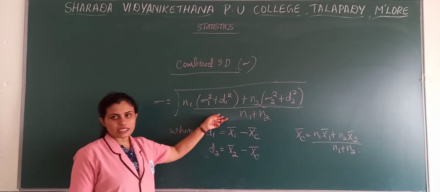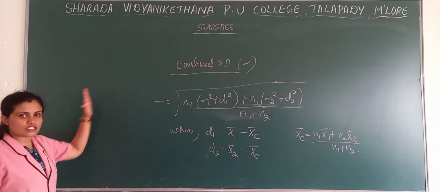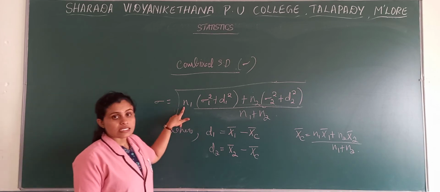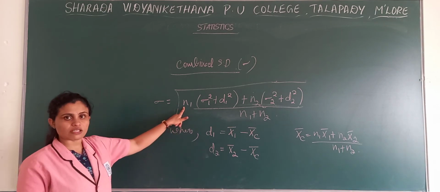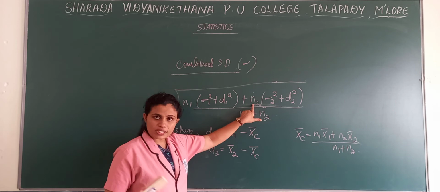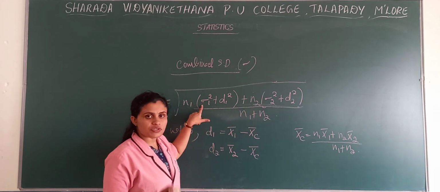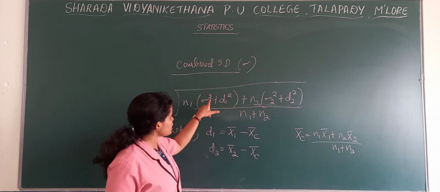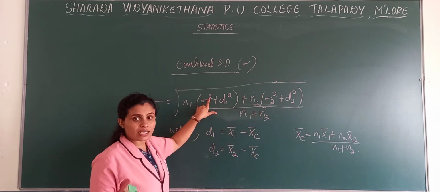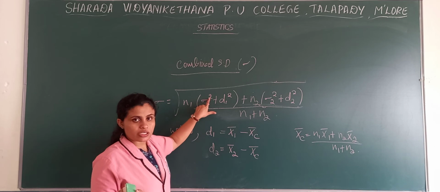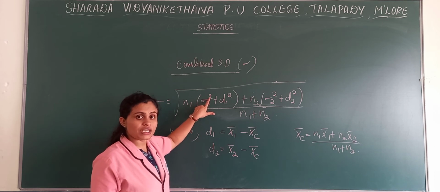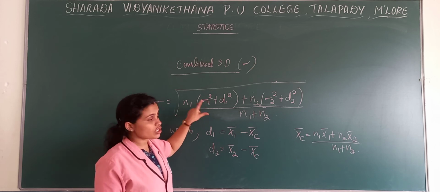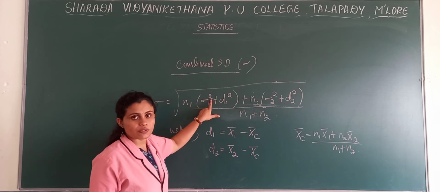See, here we can clearly make out that we get two sets of observation. So this is the number of observation in the first set, number of observation in the second set, and standard deviation of first set and standard deviation of second set. And when we square it, we can make it as a variance also. If they give variance, directly we substitute in the formula. If they give standard deviation, we have to square it, then it will become variance.